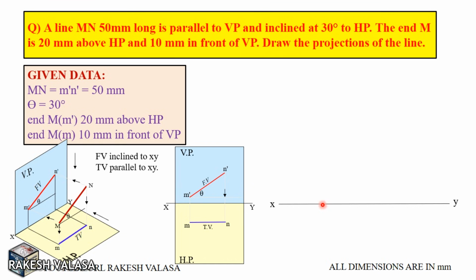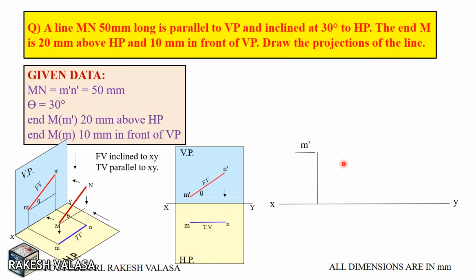Let us locate one point on XY. You can start from this point, 20 mm above the HP. That means 20 mm above the XY. In the previous problem also I said, above means blindly you can draw above XY. That length is 20 mm above the HP. That means 20 mm above XY. That name is front view point M dash.